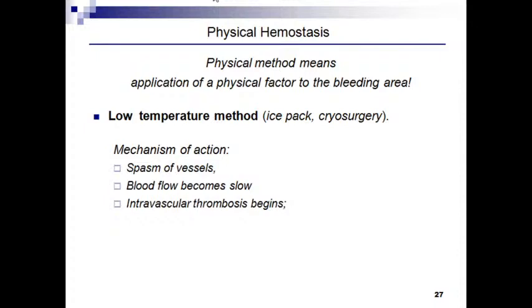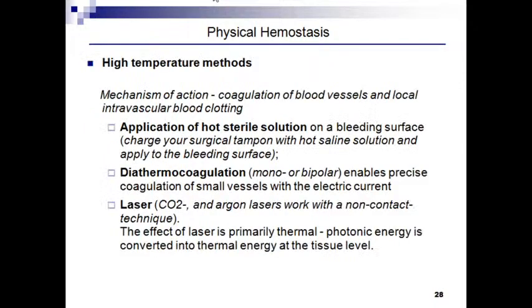Mechanism of action: how does low temperature stop the bleeding? Because of spasm of vessels, blood flow becomes slow and the possibility of thrombosis becomes high. Blood flow becomes slow and intravascular thrombosis begins.